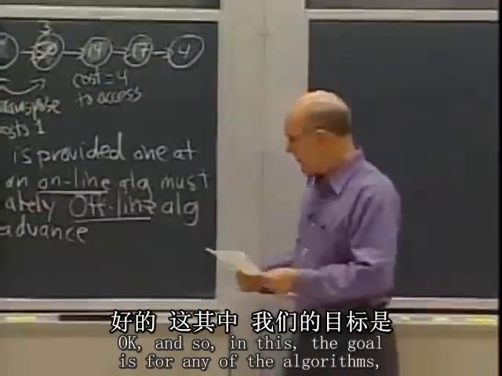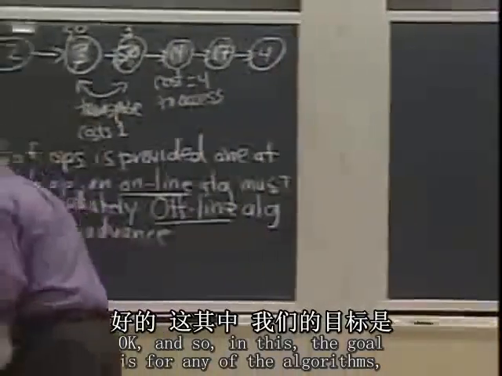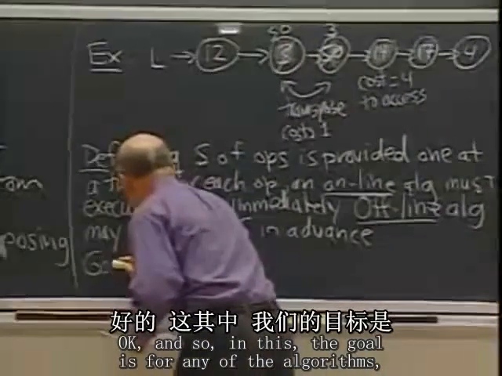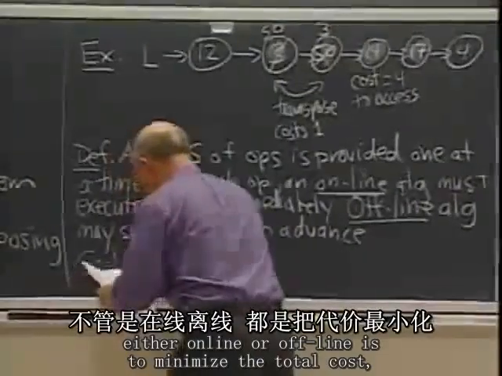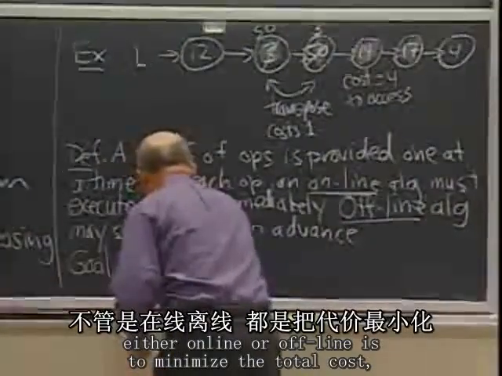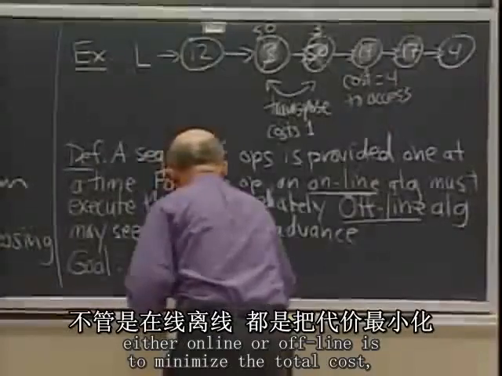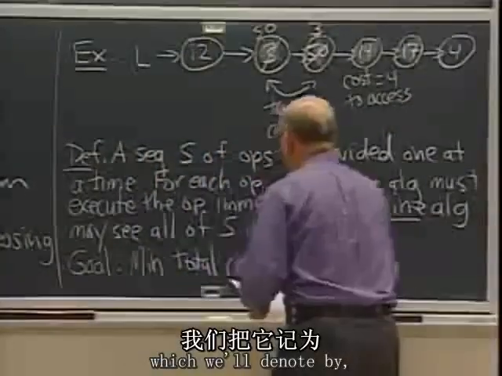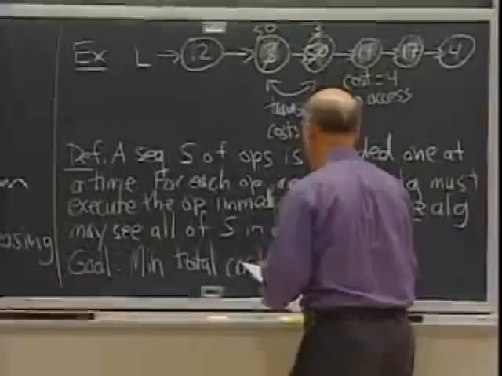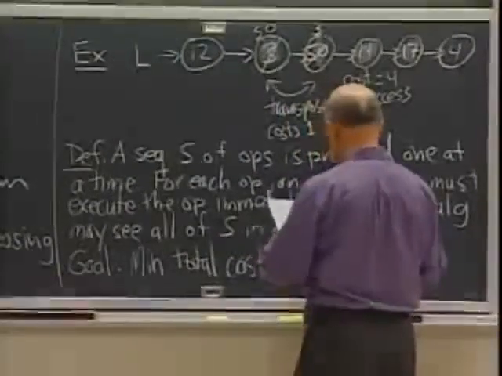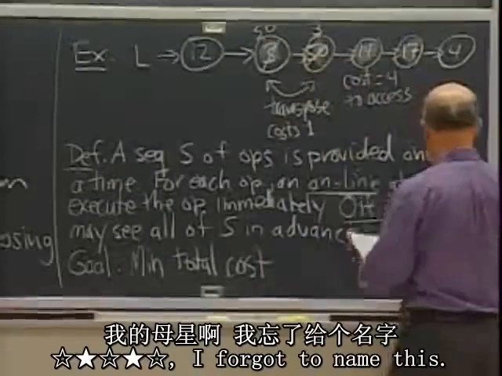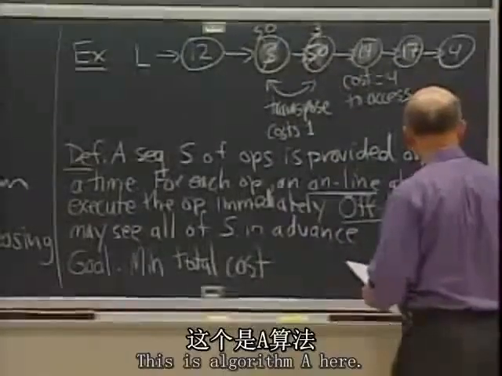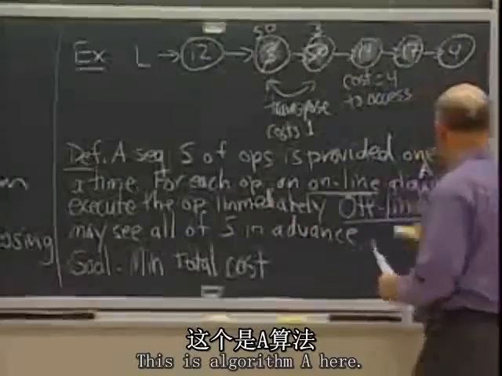Okay, and so in this, the goal for any of the algorithms, either online or offline, is to minimize the total cost, which we'll denote by, I forgot to name this. This is algorithm A here. Okay?